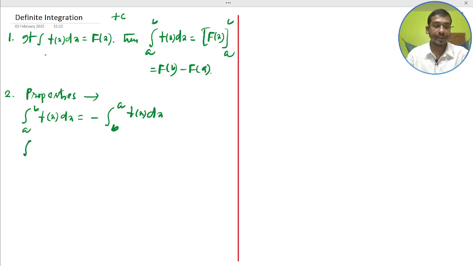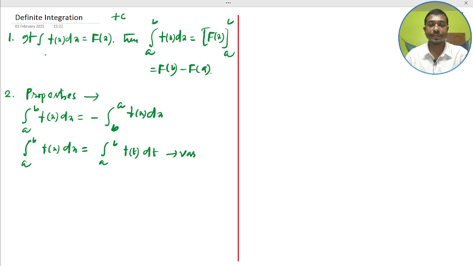Next, for the integral from a to b of f(x) dx, that would be the integral from a to b of f(t) dt. This is called the variable changing property, where the variable changes x to t.